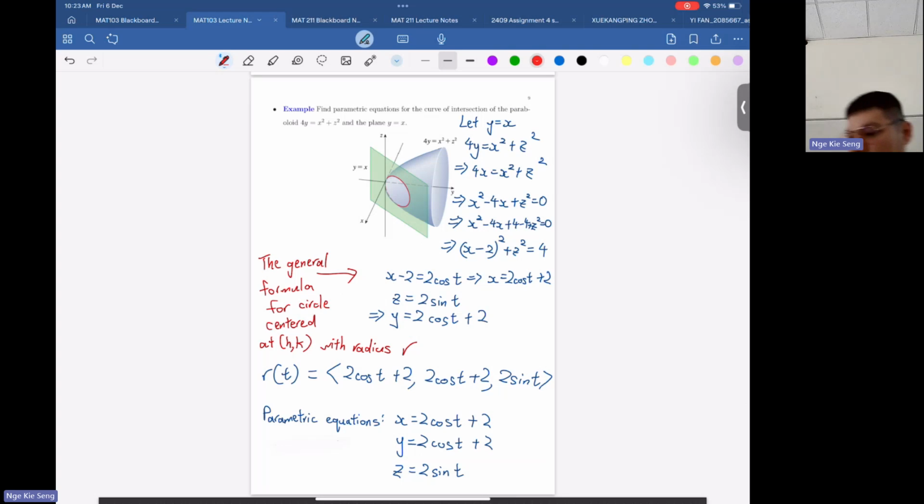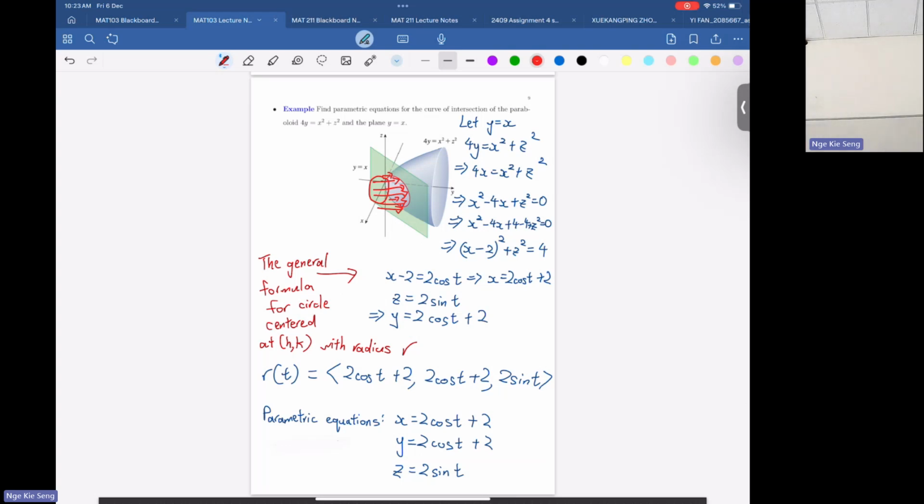If you just look at the xz direction, it is a circle like this, but every point on the circle gets attached with a different y.